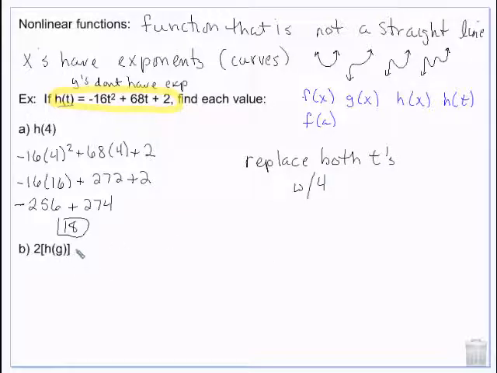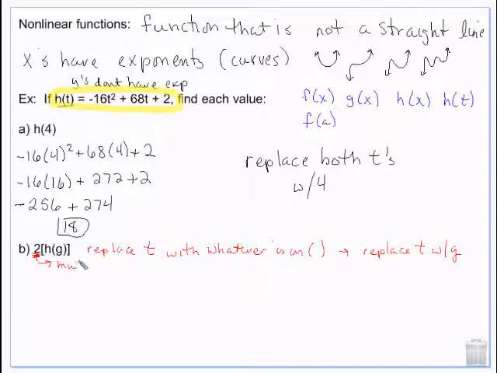Now here, this is kind of a unique case. You're going to replace t with whatever is in the parenthesis. So in this case, replace t with g. And then this 2 on the outside tells me to multiply the whole thing by 2.